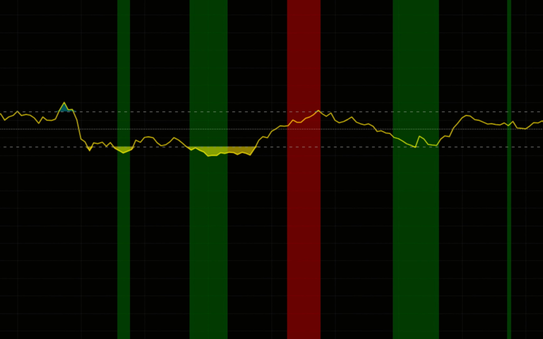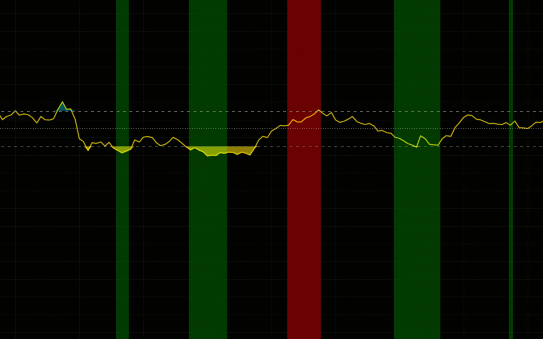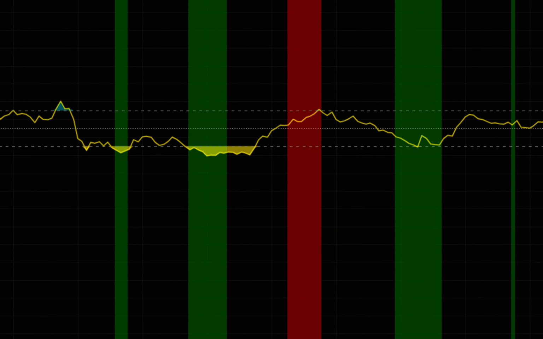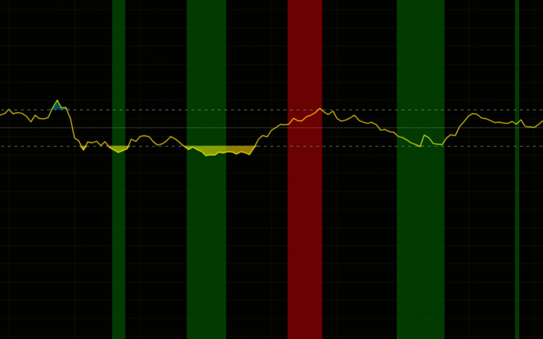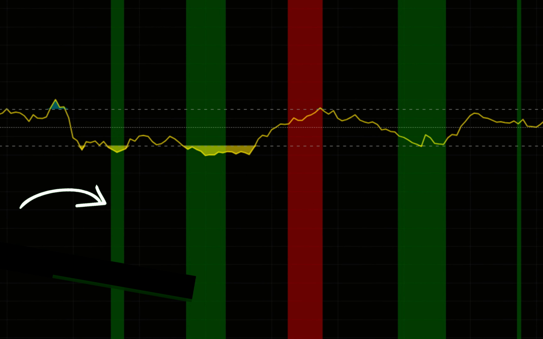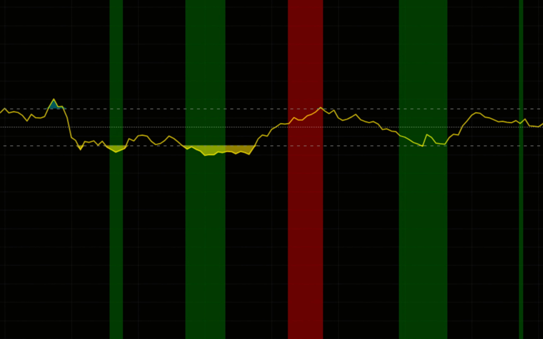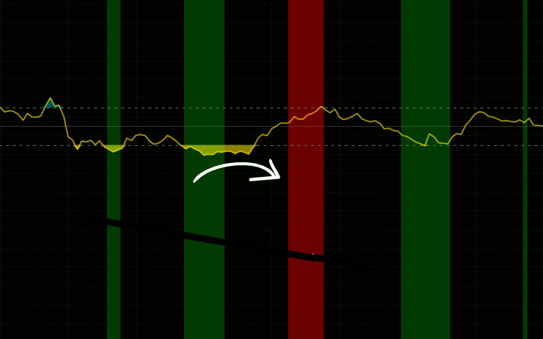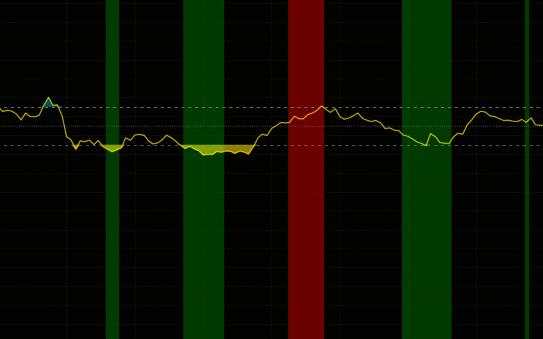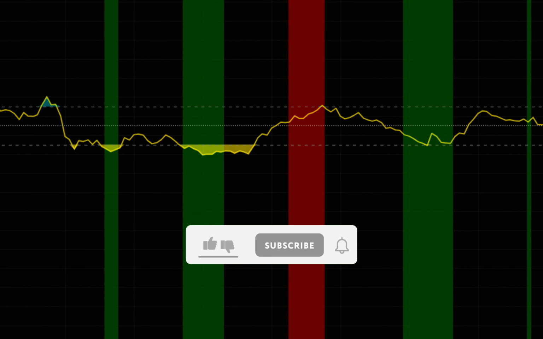This RSI MFI indicator is powerful for determining whether the market is in an overbought or oversold condition. Here's how to interpret it. A green bar indicates that the MFI has entered the oversold area, signaling a potential buying opportunity. A red bar shows that the MFI is in the overbought area, suggesting a selling opportunity.